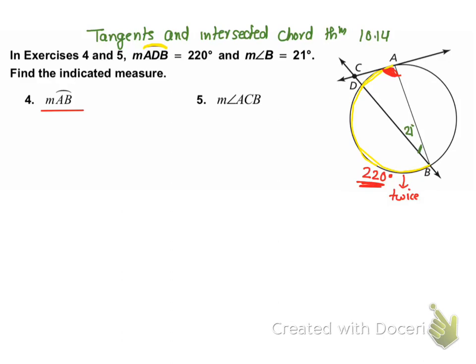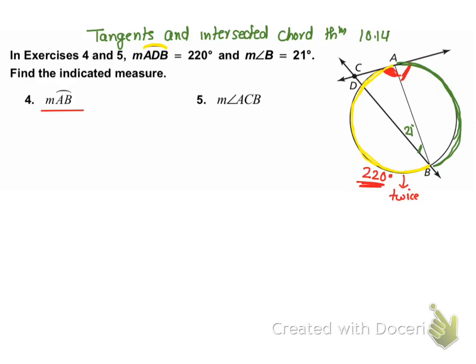It's so easy here. If this full arc is 220, then arc AB is just the other arc. So I have been given the major arc, and I only have to find the minor arc.